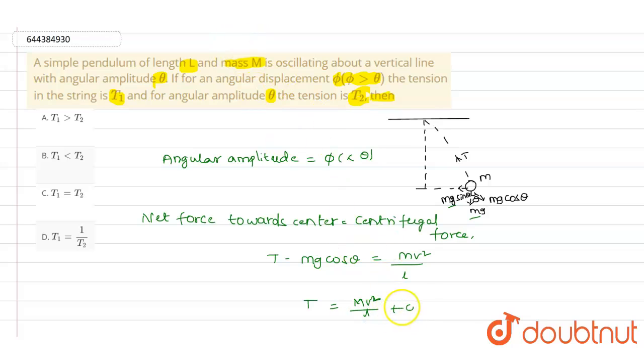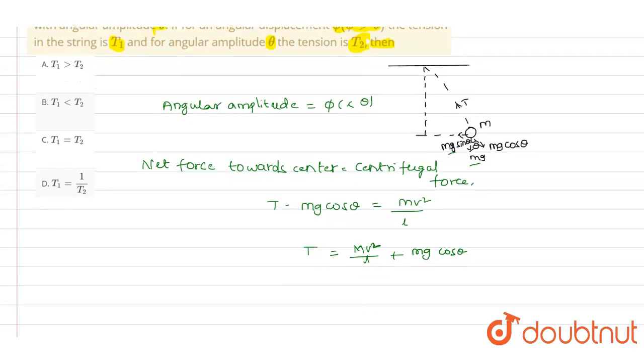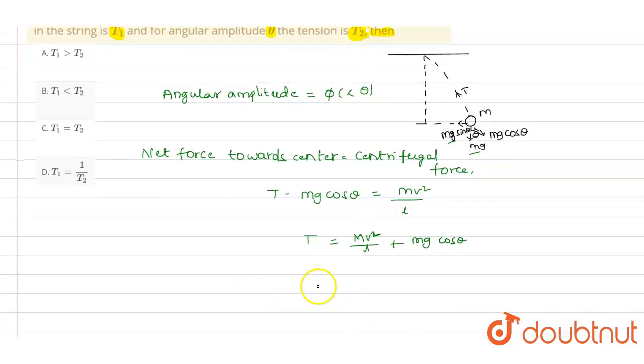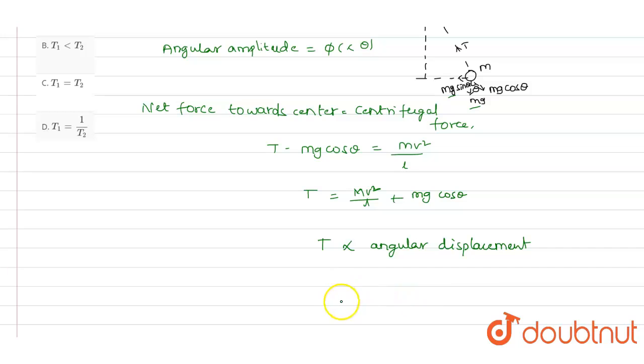Just a second guys. Mg cos theta. Okay, so we can write that T is directly proportional to the angular displacement.